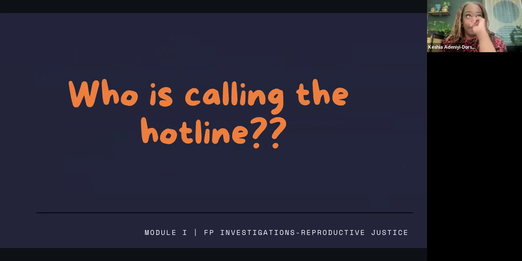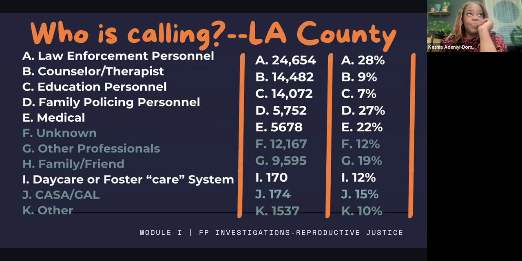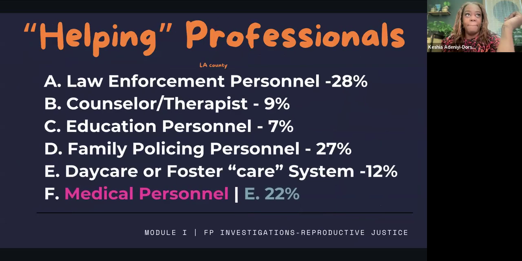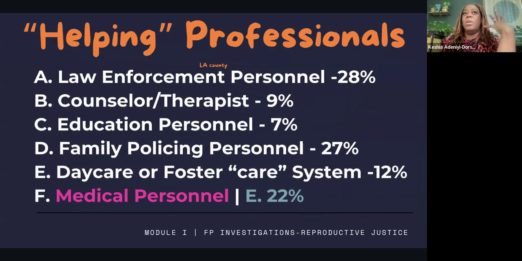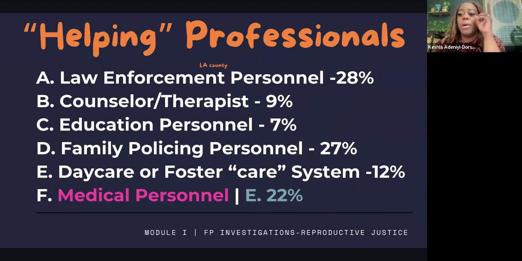So who's calling the hotline? You can go to the next slide. So the majority of the folks calling the hotline are what we call helping professionals or mandated reporters, okay? And you'll see, and again, for the purposes of today's conversation, that a majority of folks calling are medical personnel, okay, at 22%.